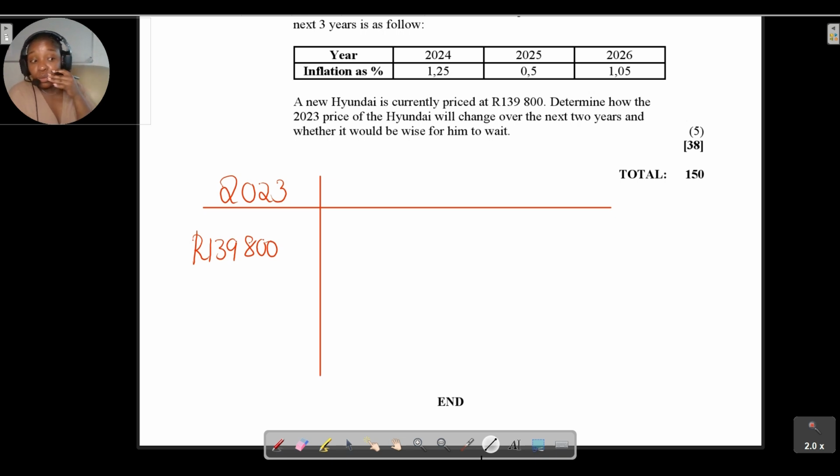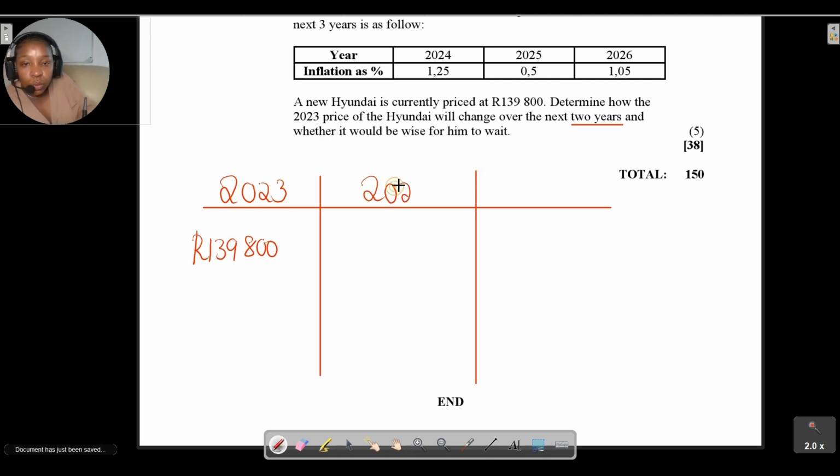Maybe it will be cheaper in 2024 and in 2025. So we want to help him decide whether it would be wise for him to wait. Maybe the Hyundai will be cheaper in the next 2 years. So now we want to calculate how much the price will be in 2024. How much will the price of the Hyundai be in 2025 if the inflation rate for 2024 is 1.5%?